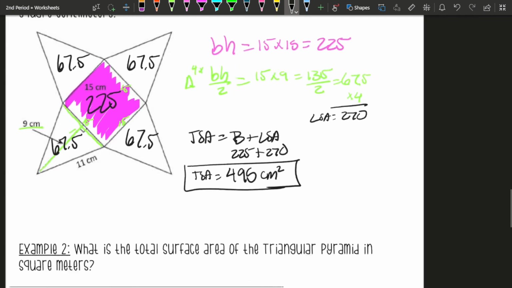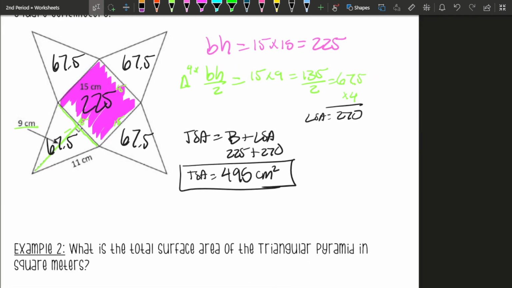Now, how does this look as a pyramid? Again, the base is a square, so all the sides are the same. Then just put a dot on the top and connect the four corners. And that's how this looks. So the bottom is right here, and I know this is 15 by 15.